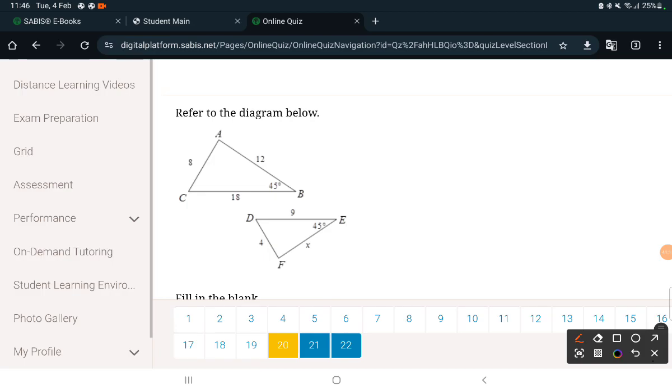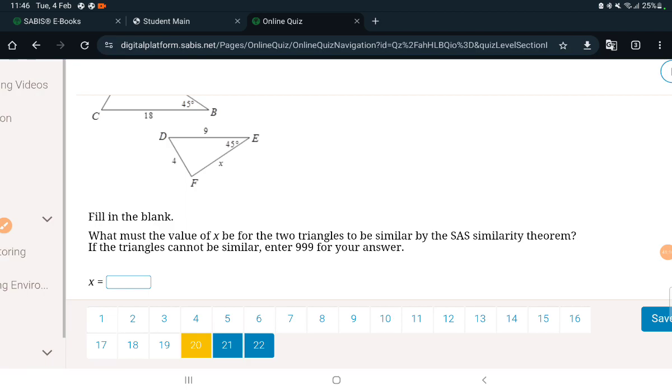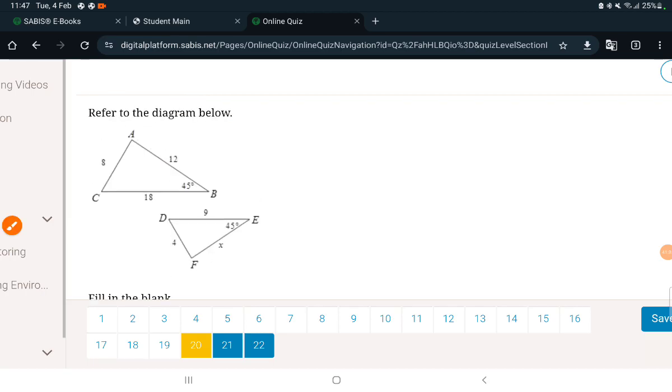So, I think they told us these two are similar, yeah? Okay. What must the value of x be for the two triangles to be similar by the SAS similarity theorem? SAS is when you have two sides that are similar and then one angle that is congruent between them. Yeah. Actually, that's right.